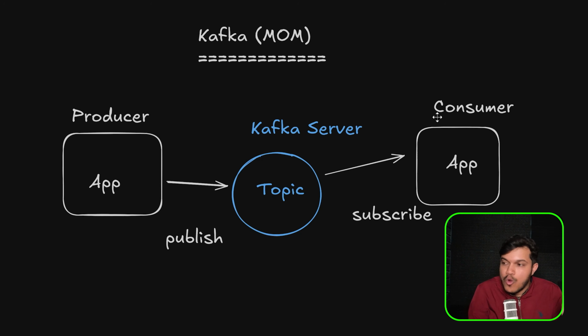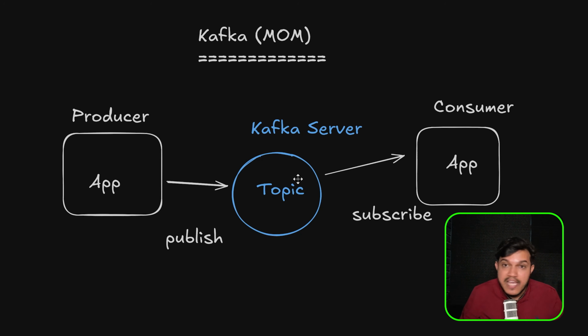It need not be that only one application at a time can consume the data. There could be multiple applications at a time subscribing to the data, or consuming the data. Now these applications need not know who has produced the data. They just need to know the name of the topic from where they have to subscribe to the data. They have to read the data, or you can say consume the data.